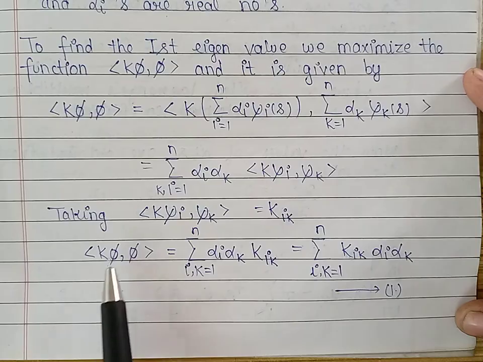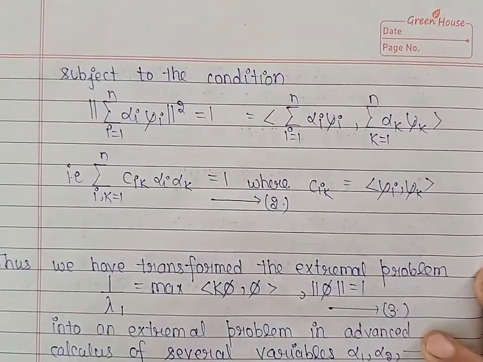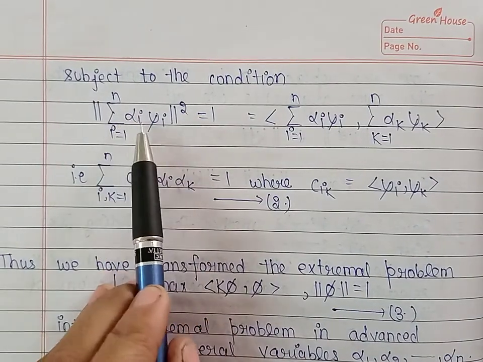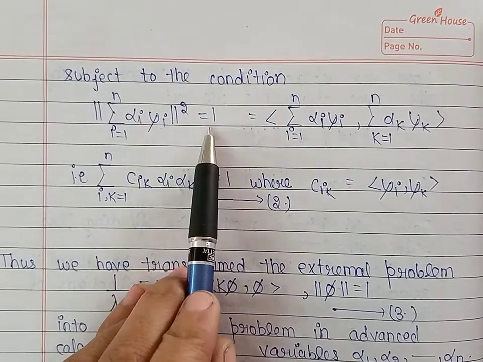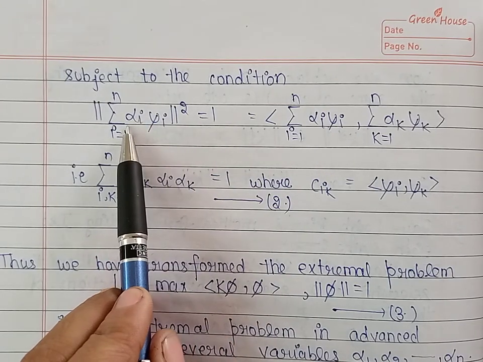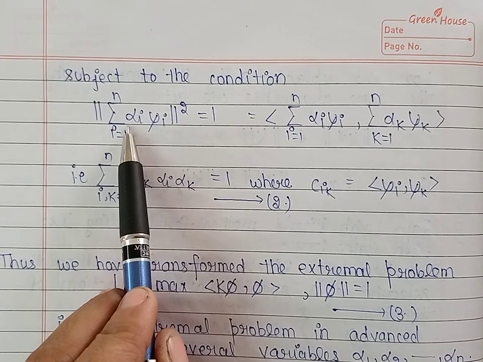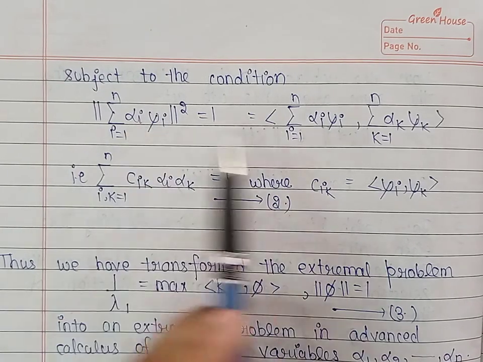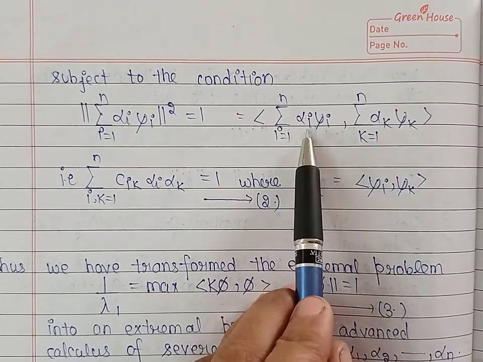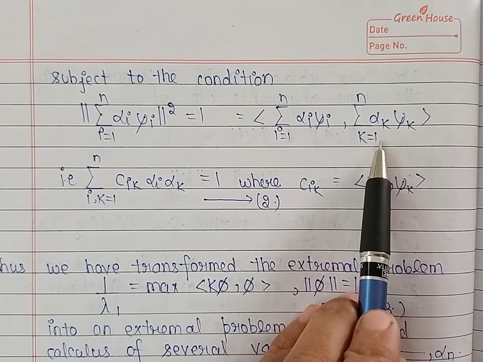We maximize this function subject to the condition that the square of the norm of summation alpha i psi i is 1. Simplifying this term, norm squared means inner product of the function with itself. So this can be written as the inner product of summation alpha i psi i with itself.